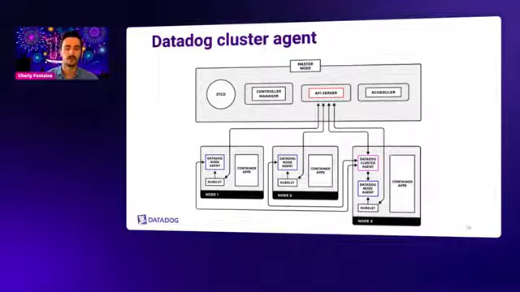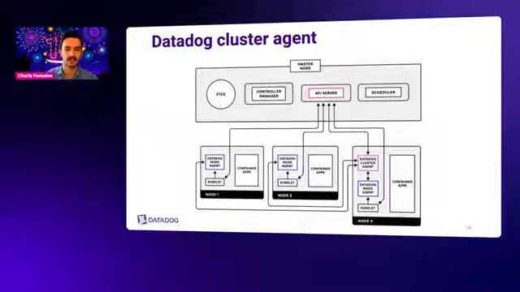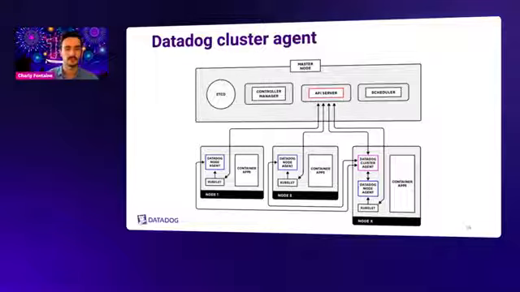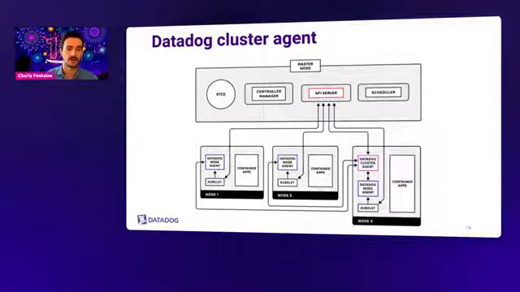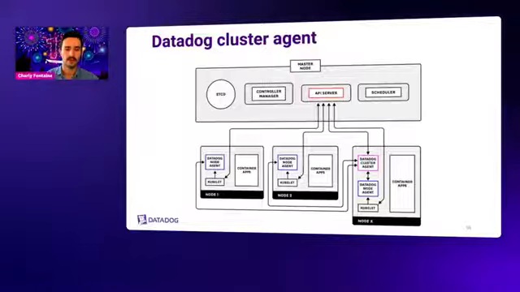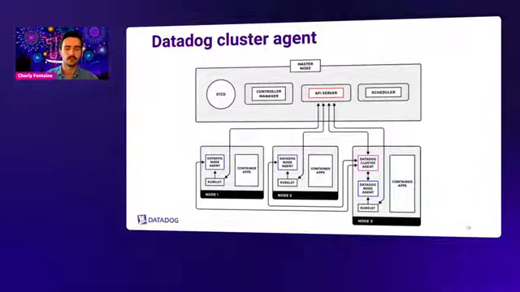For a single node agent that has the same resources as all of its peers from the daemon set, it could quickly get into an out-of-memory state. So with the cluster level checks, we were able to design a pattern where the cluster agent would split the workload and schedule the checks for different workers, or different node agents.